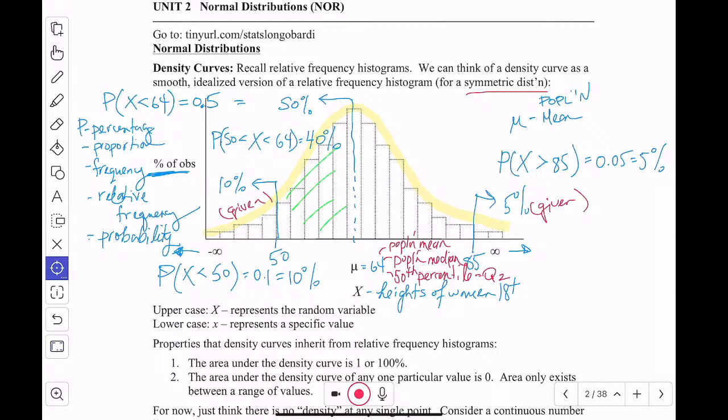Very good. So since 10% of the observations are below it, 50 is known as the tenth percentile.